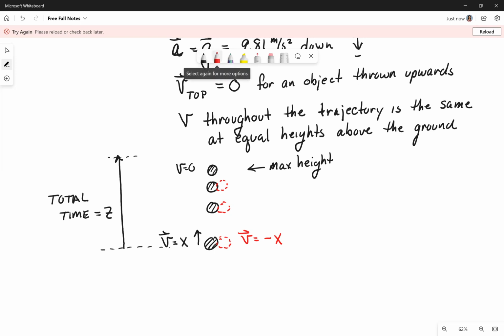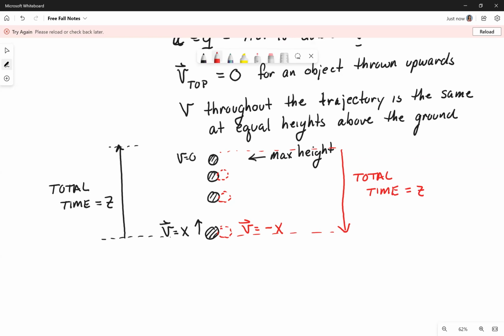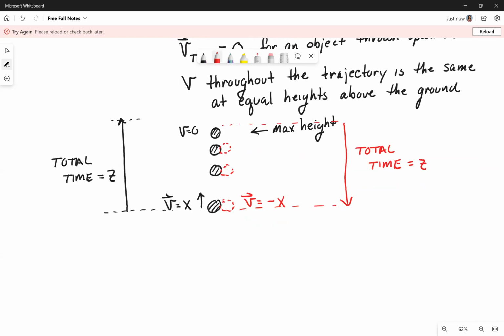It takes the same amount of time to fall back down to that same position, so that total time to come back down is also z. So those two times are going to be the same, which means if you're told that it takes 10 seconds for an object to go up and come back down and get caught at the same place, that means it reached its maximum height at 5 seconds, half of that time.